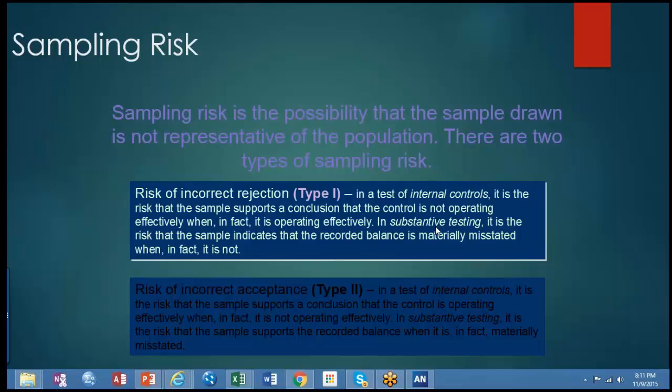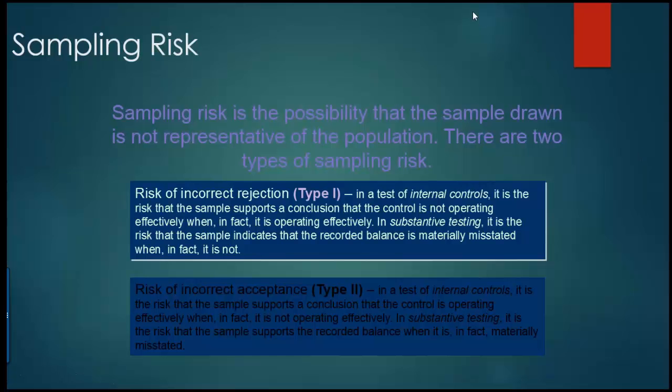From the sample, we are determining internal controls, or we're measuring misstatement, whatever it is. But it's possible that we may say that things are not working correctly when in fact they are. It's also possible, in a type 2 event, that things may in fact not be working correctly, but we are saying that they are.